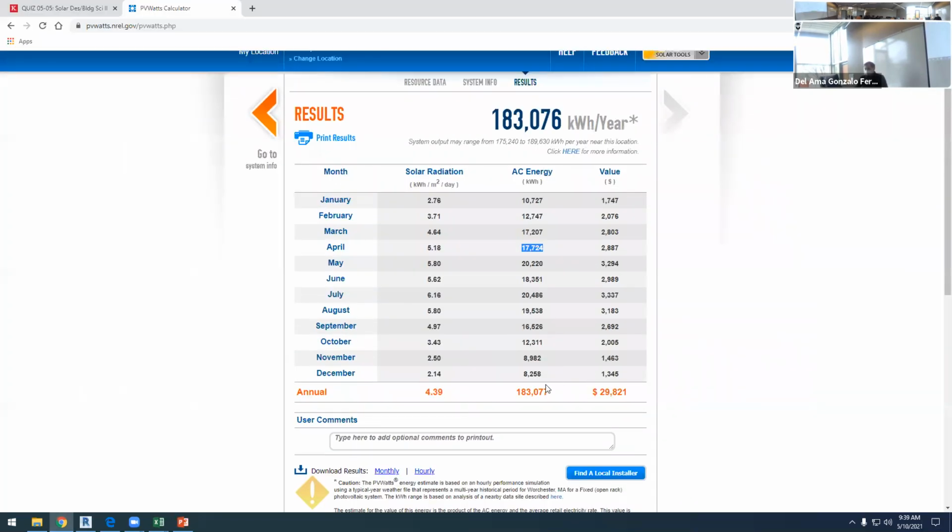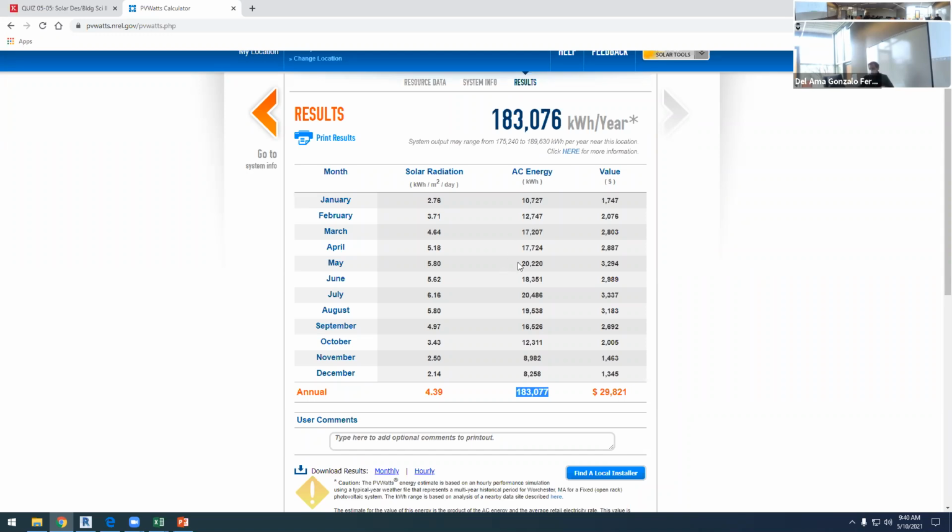Okay, so these are all the things that we have to analyze. The total yearly production, and with the total yearly production, we can analyze different orientations, or we can analyze different tilt angles. Okay, so what is the maximum or the best tilt angle in terms of the yearly energy production? So that makes us make the first decision of the project, the angle of the PV array and all that stuff, and the orientation.